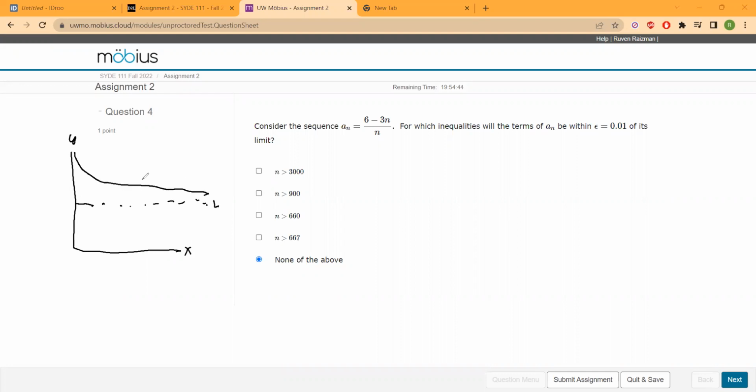If we put an n somewhere here, then this will be its epsilon. Epsilon is equal to 0.01. So we need to find for this sequence, past which n we need to pass so that the distance will be within or smaller or equal to 0.01.